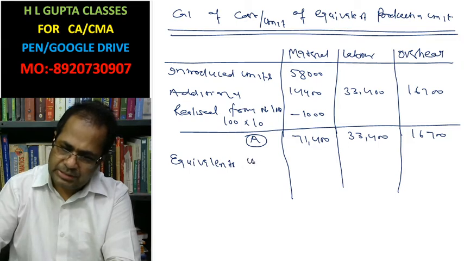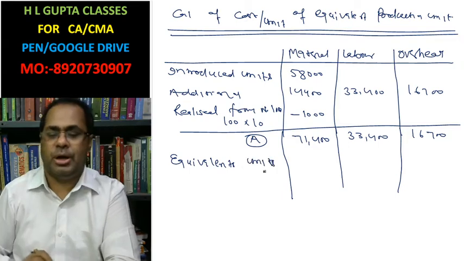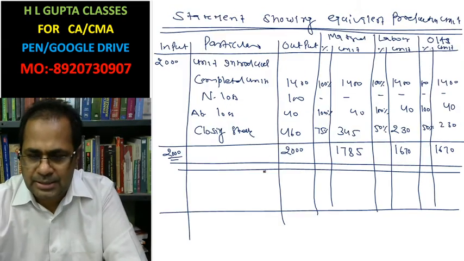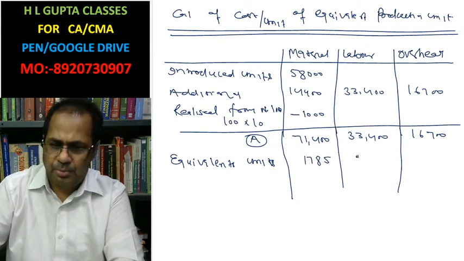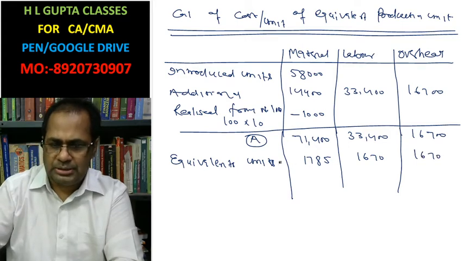Equivalent units. What are the equivalent units you have? Look at it. In the case of equivalent units: 17,850, 16,700, 16,700. This is assumed to be B.